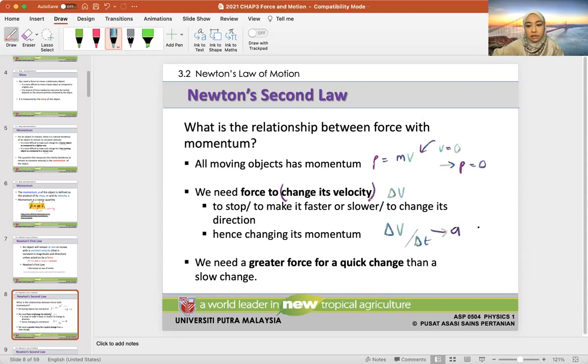And when we have acceleration of a mass of an object, this is F equals ma. So force only happens when you have a change in velocity over time. When you don't have that change, then acceleration equals 0, then you don't have force. So you need to have that change in velocity to have force, or you need force to change the velocity, it goes vice versa. So we need a greater force for a quick change rather than a slow change.